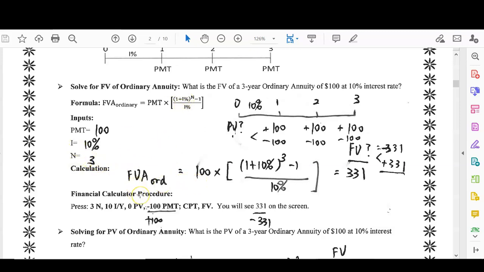The future value of this 3-year ordinary annuity would be 100 multiplied by 1 plus 10% cubed, minus 1, divided by 10%. So we have 331 as our future value. Okay, this is how you can use this formula to solve for the future value of a 3-year ordinary annuity of 100 at 10% interest rate.